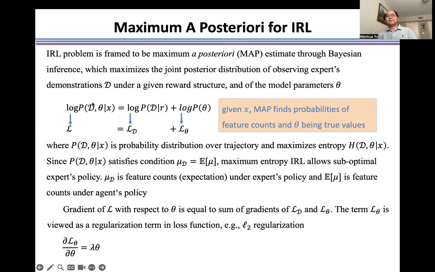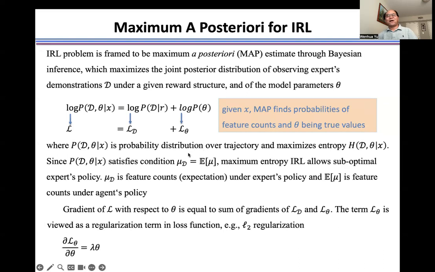However, the expert may not generate the demonstrations using the optimal policy, because of bias, variance, system noise, or a dynamic environment, so usually the agent generates trajectories using a suboptimal policy.